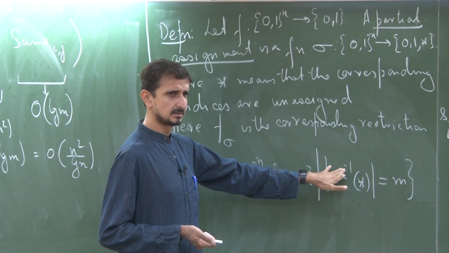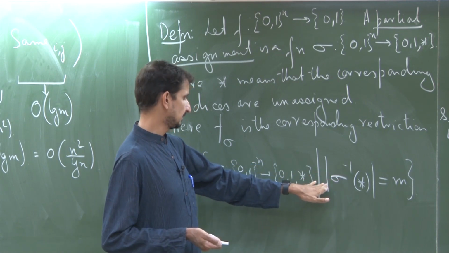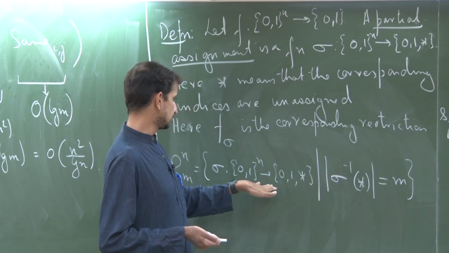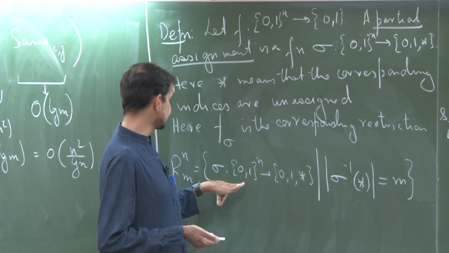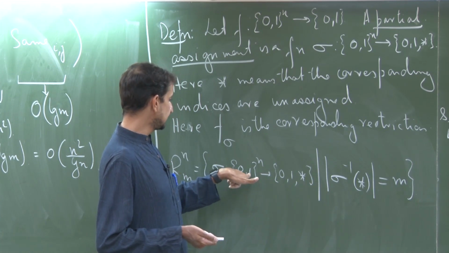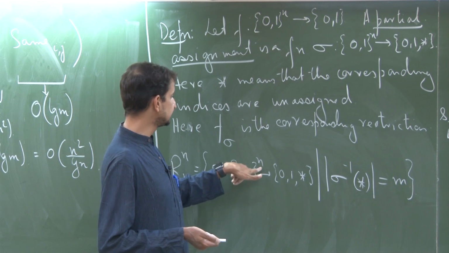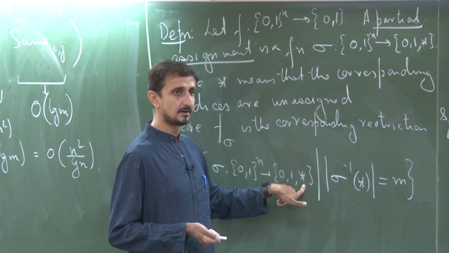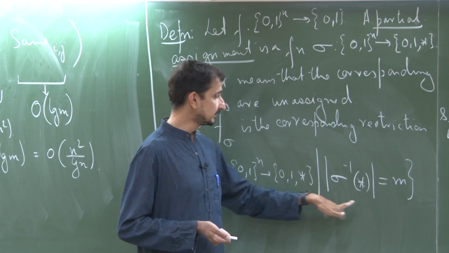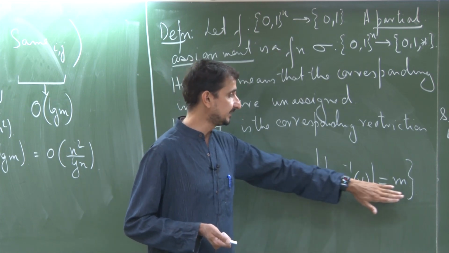Sigma is a partial assignment taking {0,1}^n to {0,1,star}, such that the size of this set is m.